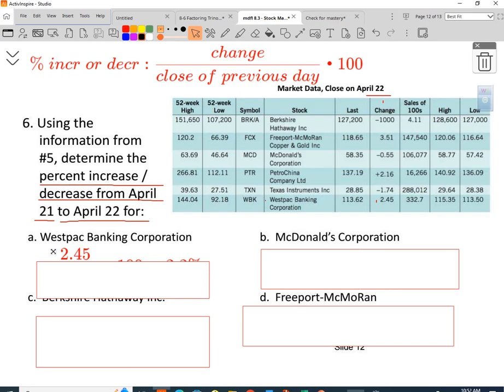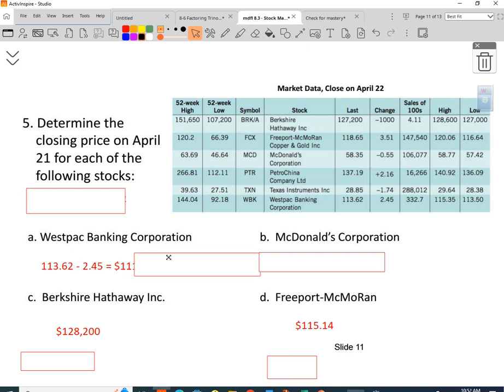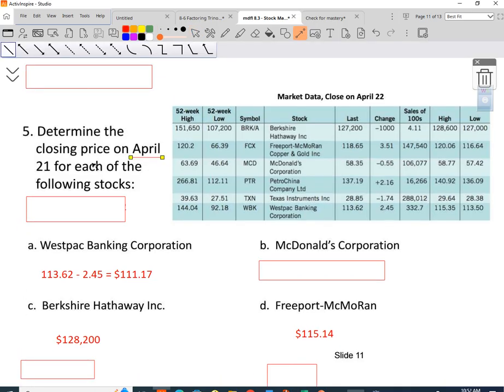We're going to divide that by the close of the previous day. So in example 5, we found the price for April 22nd, that closing price. So in this case, it's $111.17.